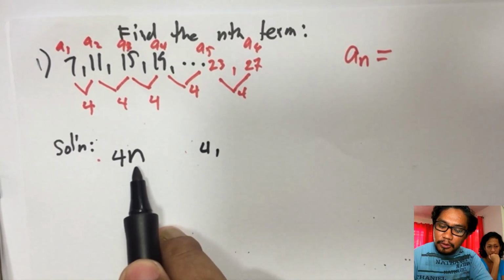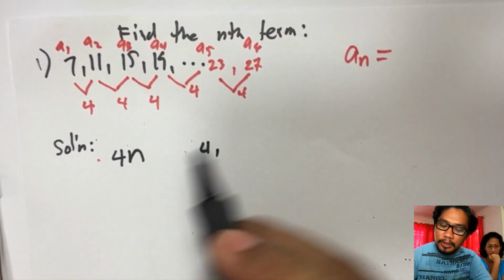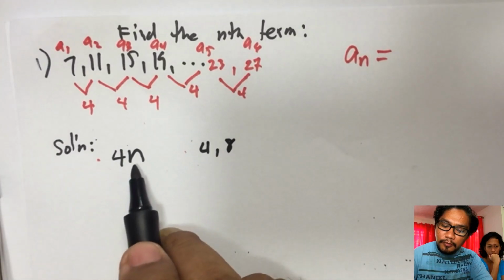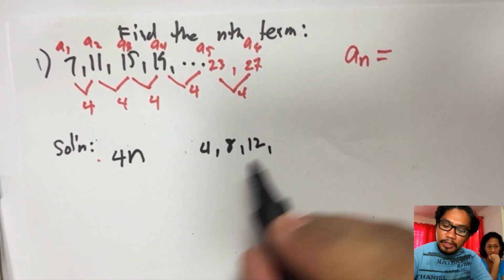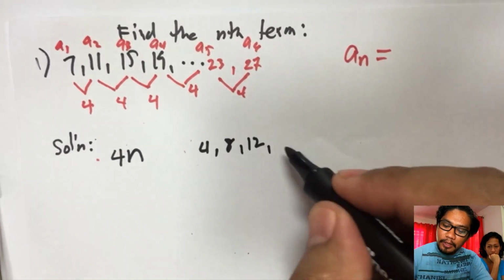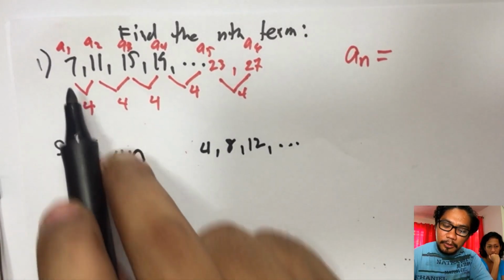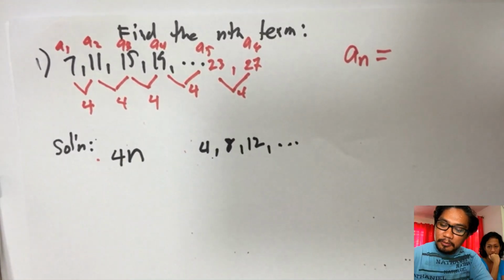When we let n be 2, that's 4 times 2, you get 8. If we let n be 3, 4 times 3 is 12. So we are generating a sequence, but this is not our given sequence, though it has an interval of 4.